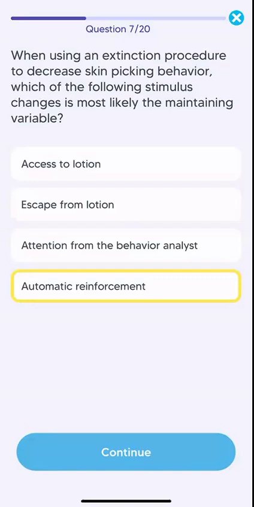I think automatic reinforcement, because skin picking. It could be automatic, right?